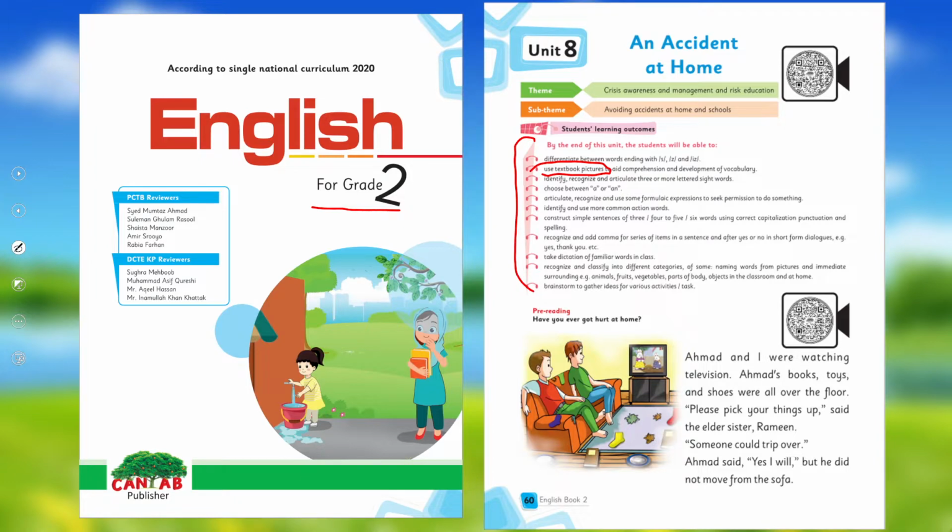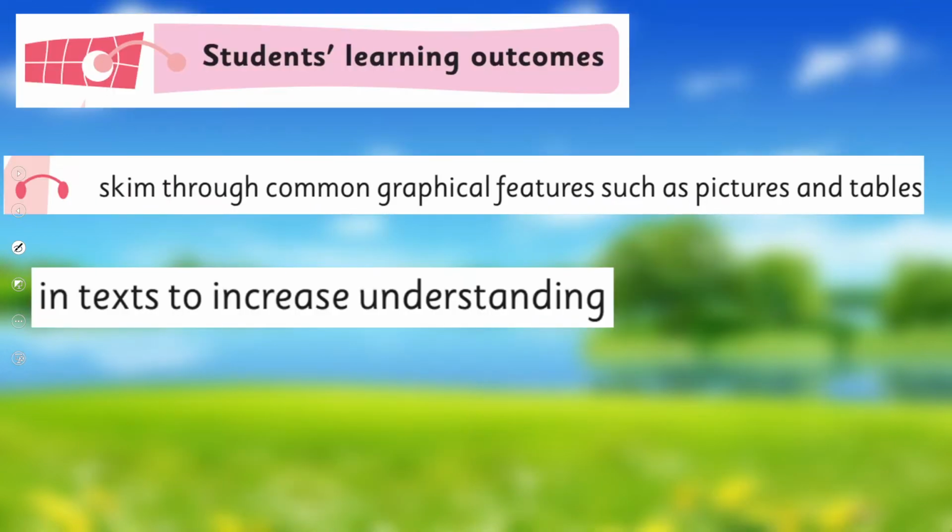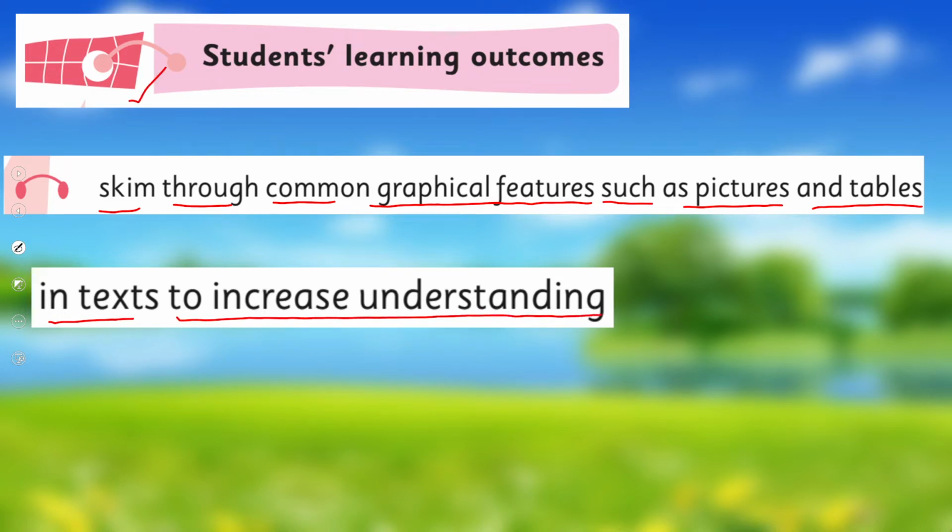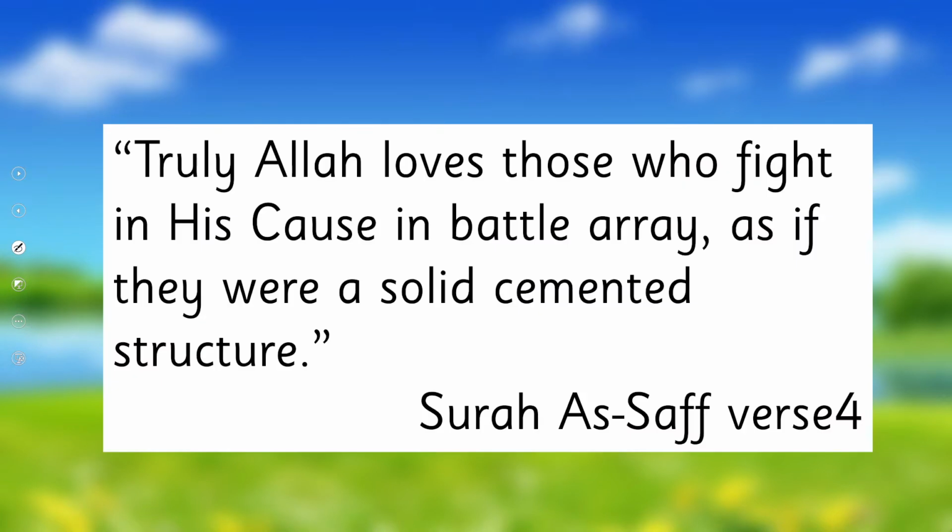So today we are going to learn further to skim through common graphical features such as pictures and tables in text to increase understanding. This is our today's SLO. So what this SLO is basically telling us that pictures, tables, any graphical features, there is a purpose in the text. All right. So let's start with the name of Allah subhanahu wa ta'ala.